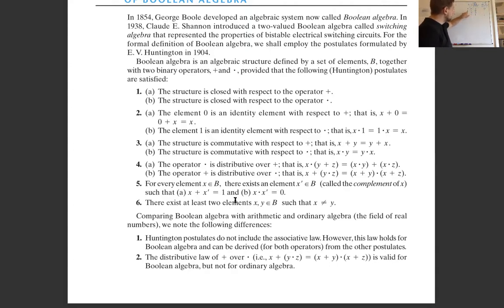Or the other way around, because remember it has to be commutative as well. So 0, this sort of Huntington plus sign, 0 plus 1 is 1, 1 plus 0 is 1.